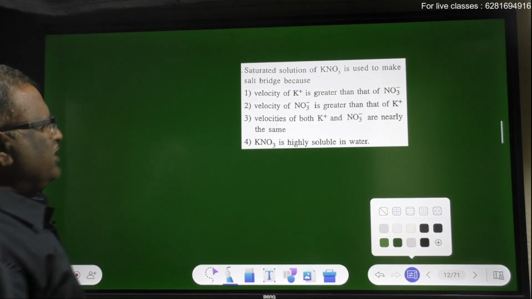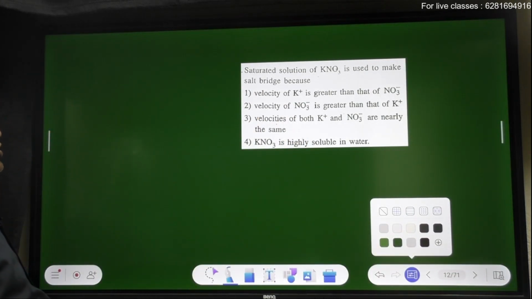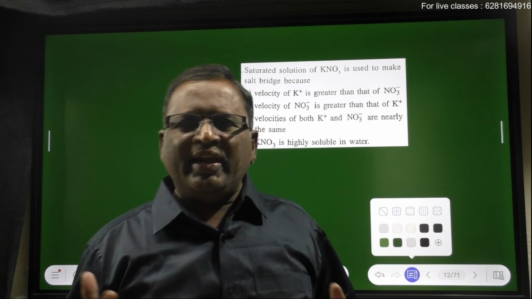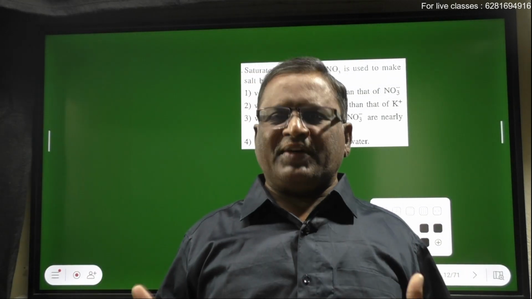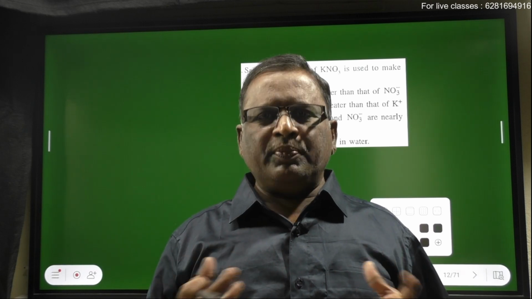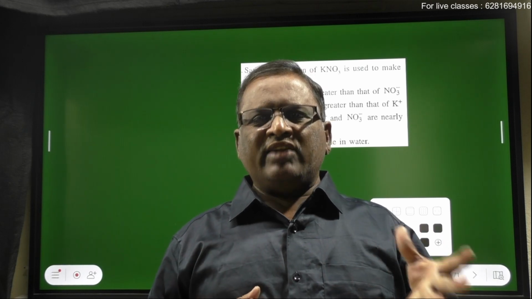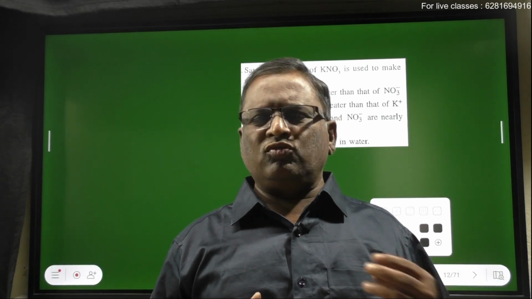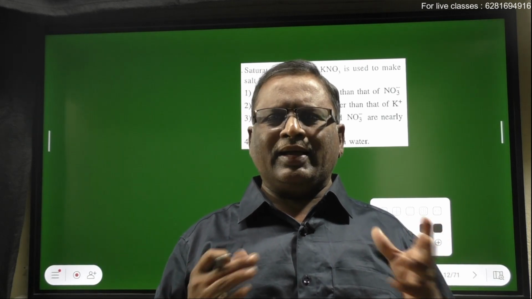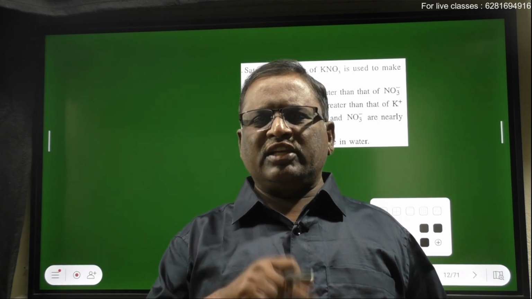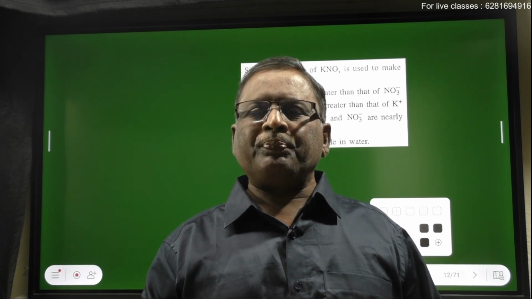Now, saturated solution of KNO3 is used to make a salt bridge because, so salt bridge, to maintain the neutrality in the two half cells, we use a salt bridge. In a salt bridge, a KNO3 salt or ammonium nitrate will be dissolved in agar-agar gel and connected with the two half cells with an inverted U tube.